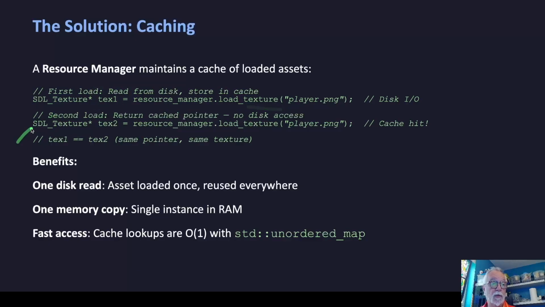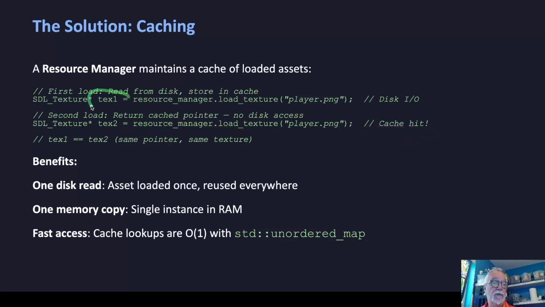The second time I load it here, the resource manager says, oh, you're asking for player.png. I have that. And so that's a cache hit. So now what we do is we take that cache value here and we return it to here, right?